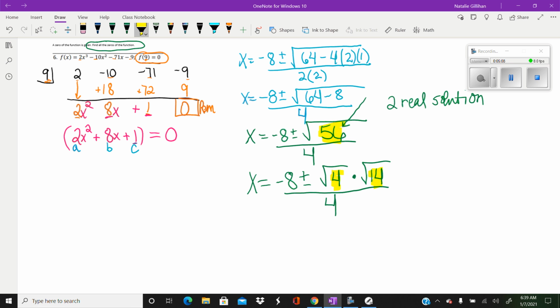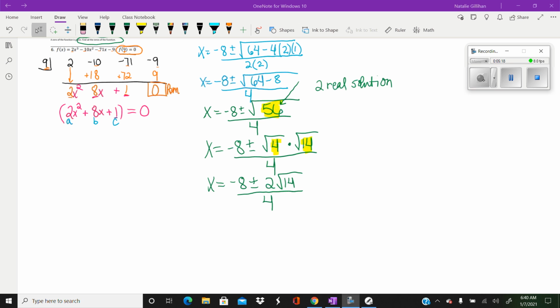I've seen some random mistakes over the last little while on homework and such, so I wanted to point out how we take care of simplifying radicals. From there, we can take the square root of 4 and simplify it to 2. And the square root of 14, of course, we can't simplify any further, so that remains the square root of 14.